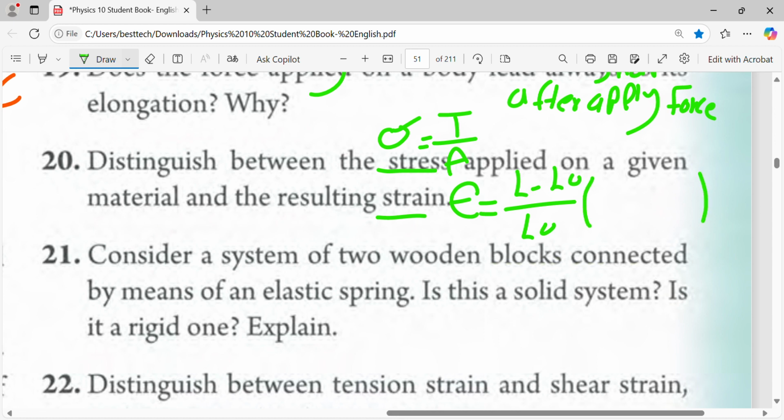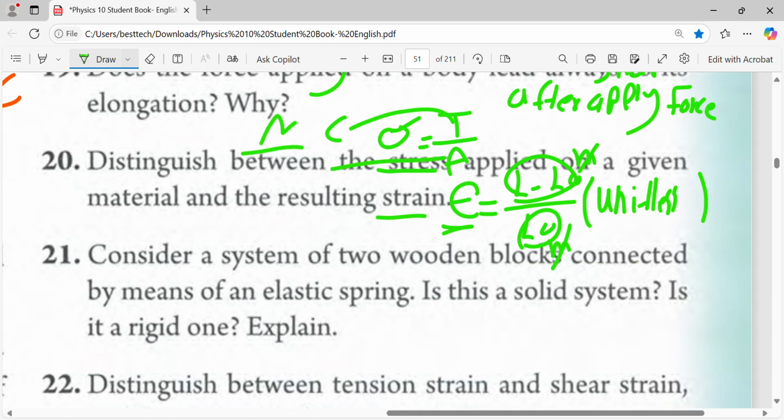Strain is unitless, and we studied why: this is meter and that one is meter squared, so they cancel and no unit is left. But the unit of stress is Newton over meter squared.